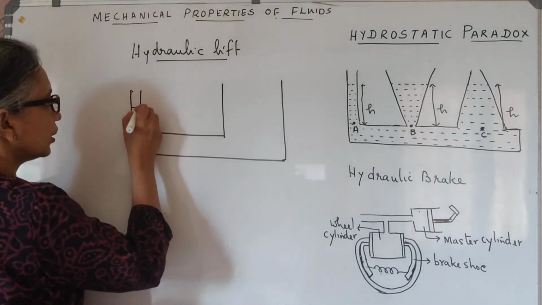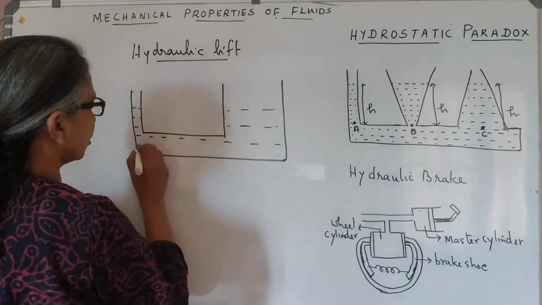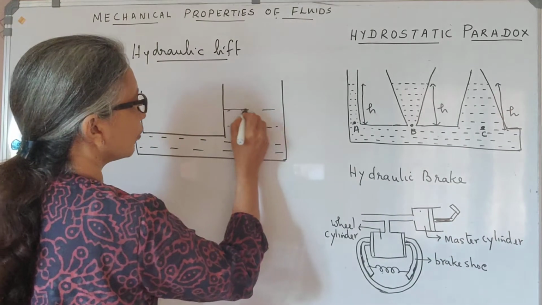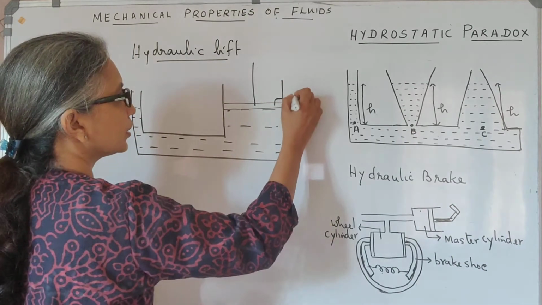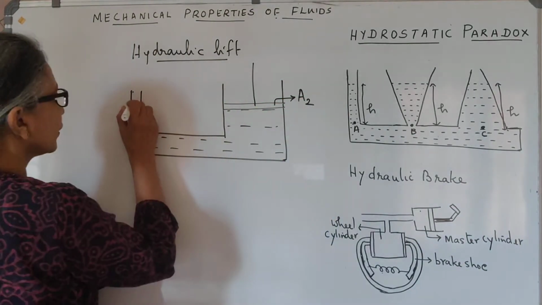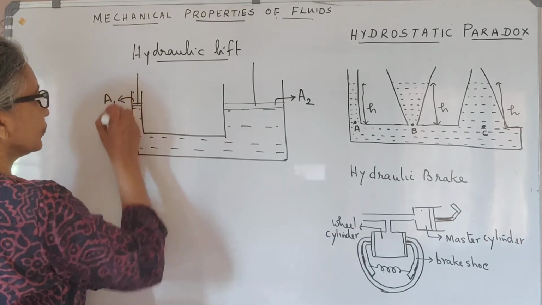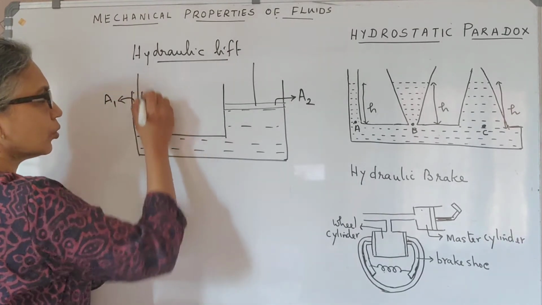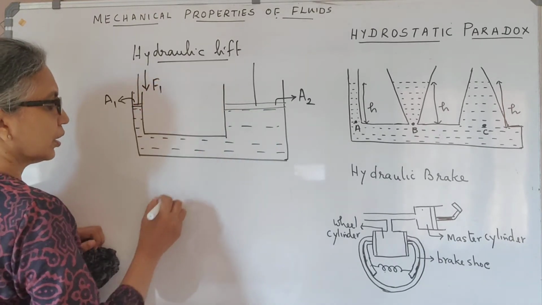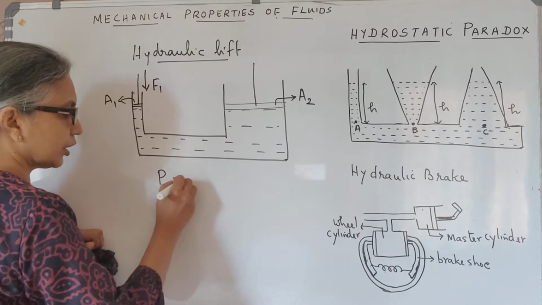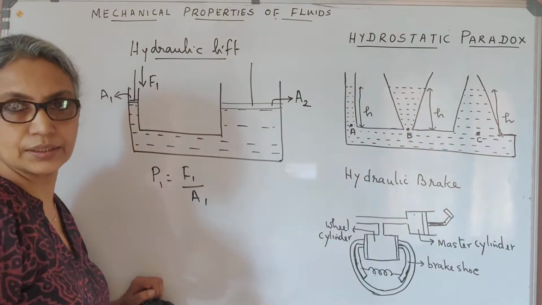Here there is a fluid, either air or any kind of fluid, and we have a piston here whose area, let's say, is A2. We have another piston here whose area is A1. Now, if I apply a force here, F1, then P1 is equal to F1 by A1, because this is the smaller piston.